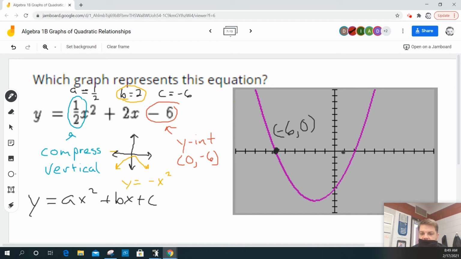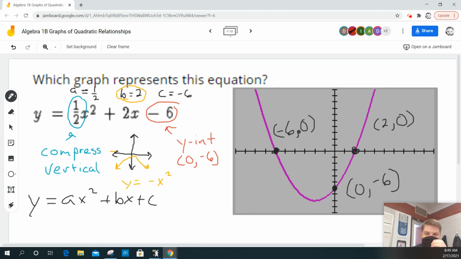This is occurring at 1, 2. So this is the x-intercept of 2, comma 0. And then the y-intercept should be at -6. 1, 2, 3, 4, 5, 6. 0, comma -6.